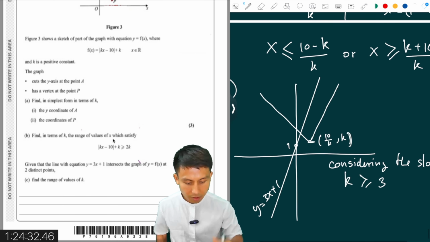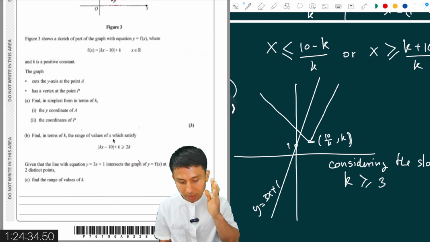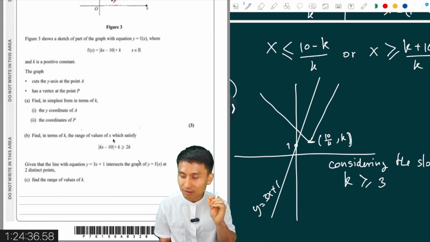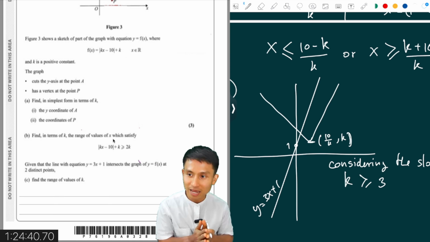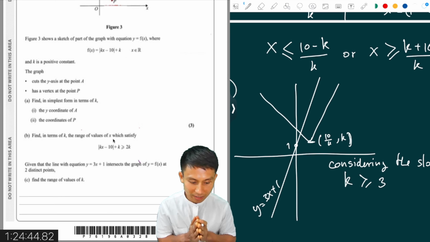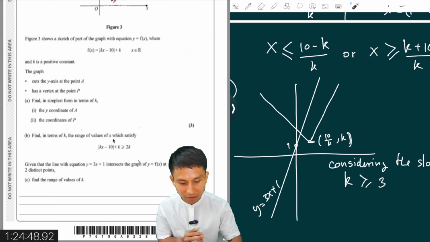Now, to make the vertex of the V shape below the line, apart from k having to be greater than 3, the k value at the vertex must be lower than the y value of the line.